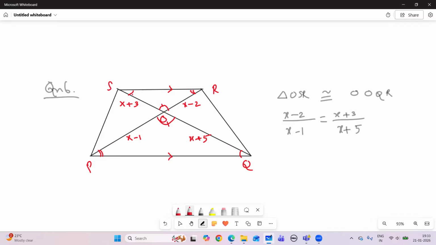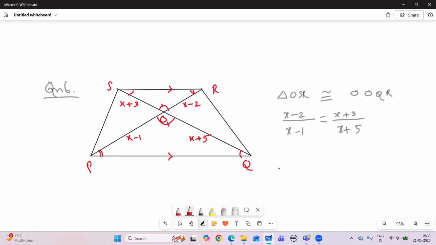You take the side opposite to this angle S, so it is x minus 2, by the side opposite to the corresponding angle, which is x minus 1. So x minus 2 by x minus 1 is equal to the side opposite to this, x plus 3, by the side opposite to this, x plus 5. So you have this equation because of the proportionality of the sides of these two similar triangles.